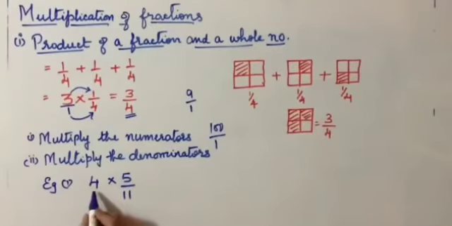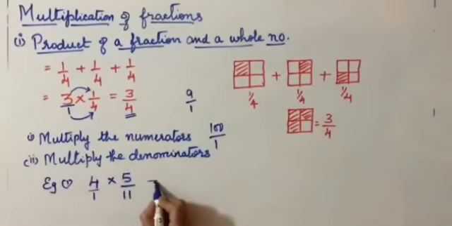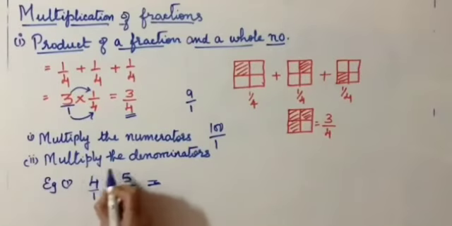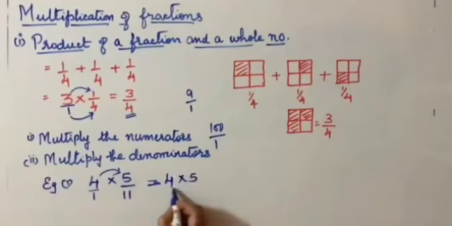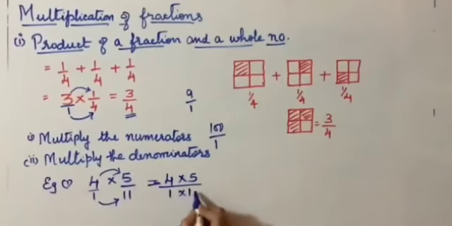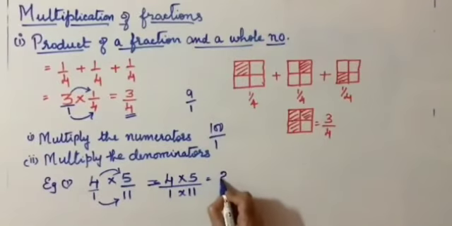Now 4 is a whole number, but for your reference, you can write 4 by 1. Then apply the rule. It is multiplication of numerators, that is 4 into 5, by multiplication of the denominators, that is 1 into 11. So we have 20 by 11.